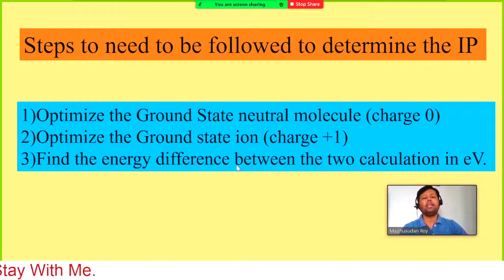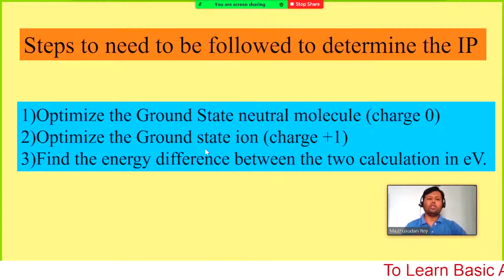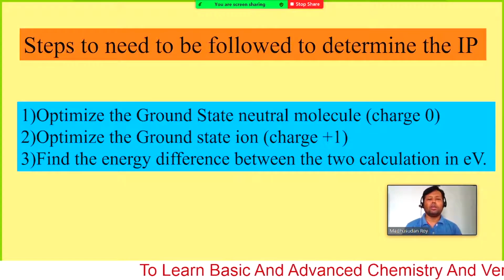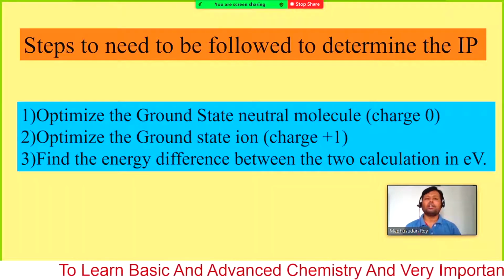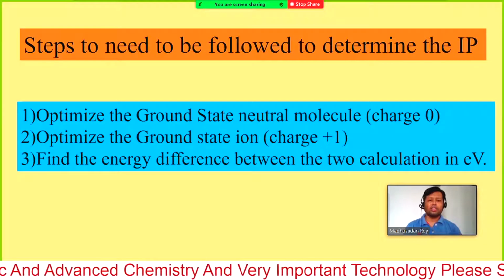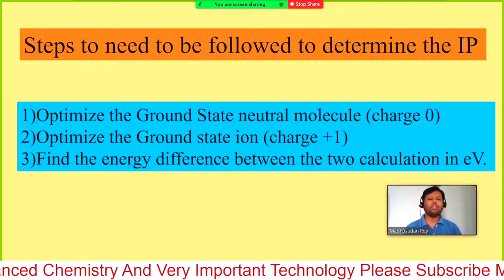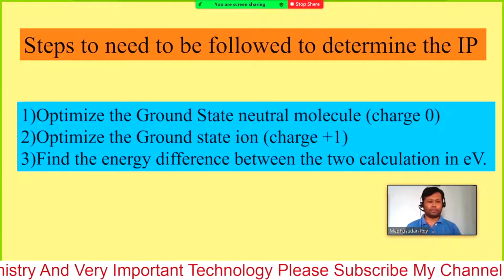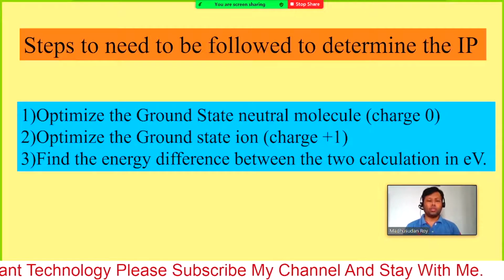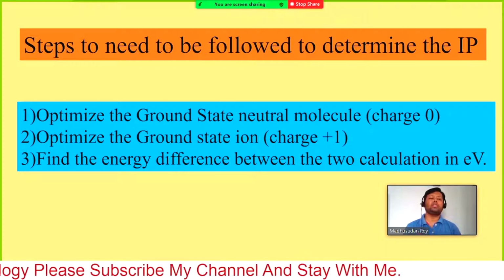Normally the program we will use is Gaussian or GaussView. In that program we will have the energy in Hartree, but normally we do not represent the ionization potential in Hartree units. We will use electron volt, or sometimes you can use kilocalorie or kilojoule, but the mostly used unit for ionization potential is electron volt.